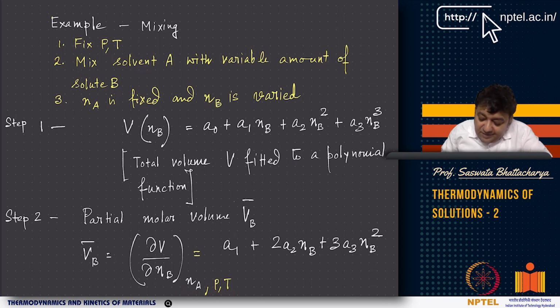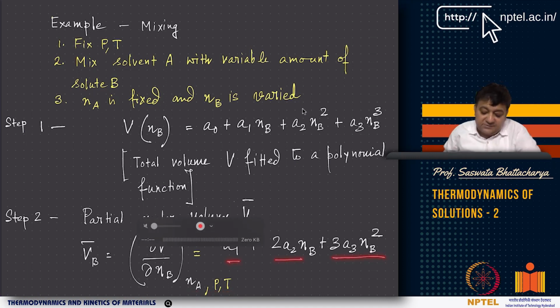You already have V fitted to the polynomial, and you are calculating the derivative with NA, P and T fixed, so it becomes A1 plus 2 A2 NB plus 3 A3 NB squared.